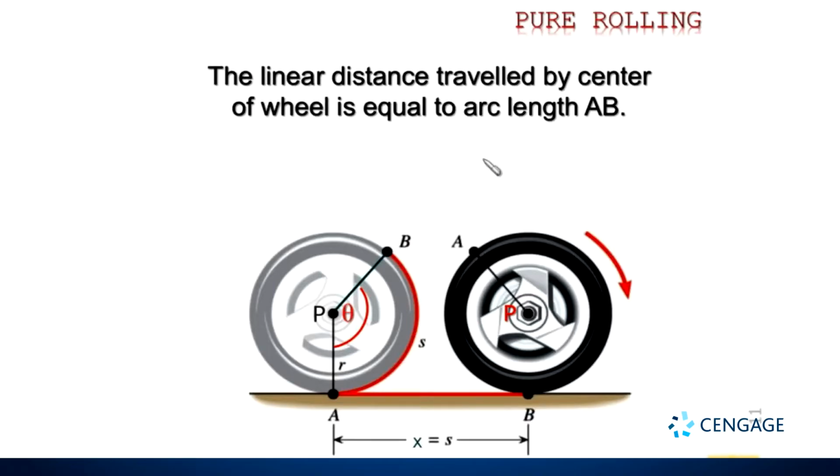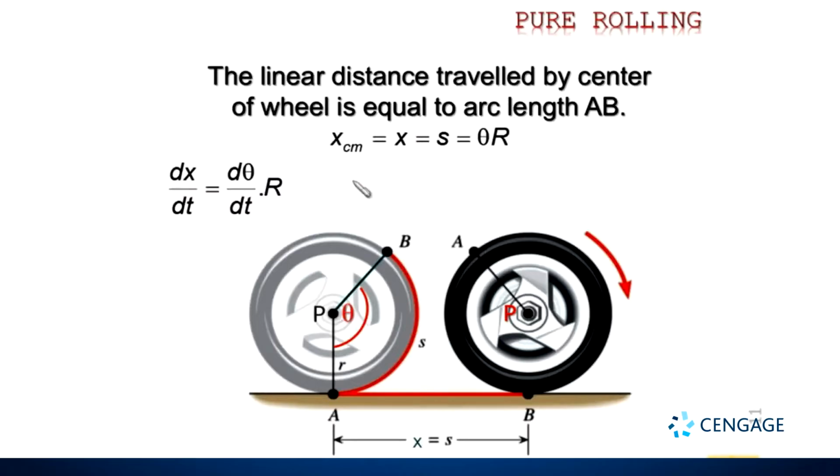So here we can write x_cm equal to x, that is equal to S, and finally equal to theta multiplied by R. Suppose we differentiate this equation: differentiating displacement with respect to time gives the velocity. So let us differentiate x with respect to time. This is equal to dx by dt, and here R is constant, this is equal to R d theta by dt. And dx by dt is nothing but the velocity of the center of mass, and d theta by dt is nothing but omega.